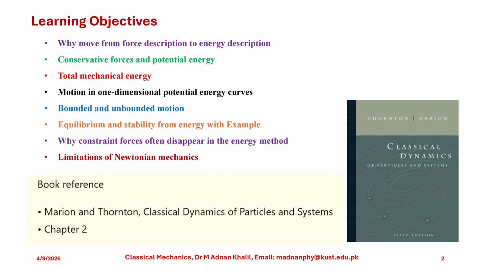After that we will discuss why constraint forces do not appear explicitly in energy equations even though they are present physically. And finally we will examine the limitations of Newtonian mechanics. In this course we are following the book by Marion and Thornton.